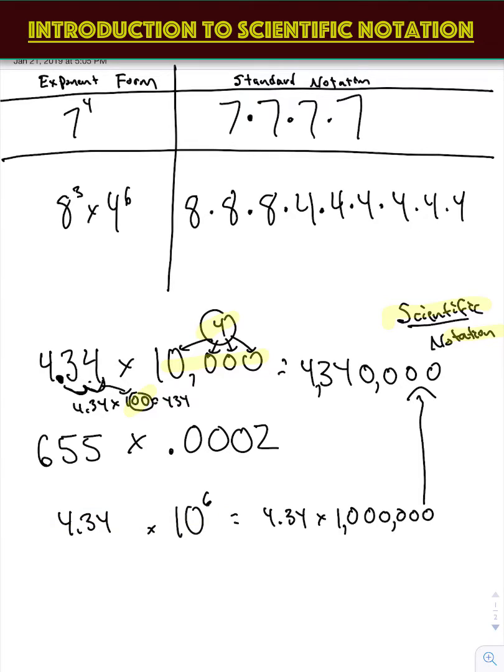It's also possible that I'm going to end up moving my decimal to the right in scientific notation, and that I have a non-1. This is a little more difficult, but I think it's an example that we can get to. Let's first start by moving 655 to the ones place. It'd be 6.55 times 10 to the second.